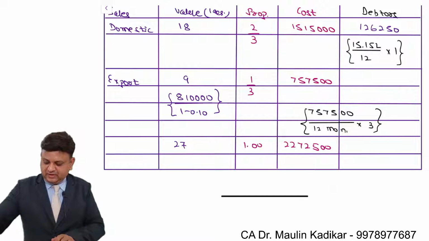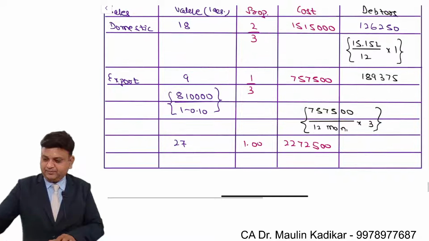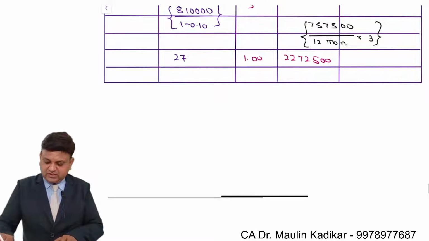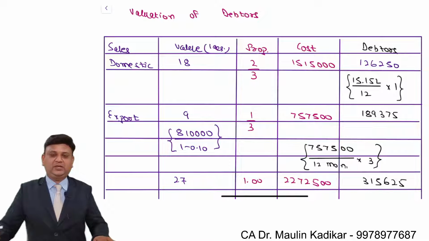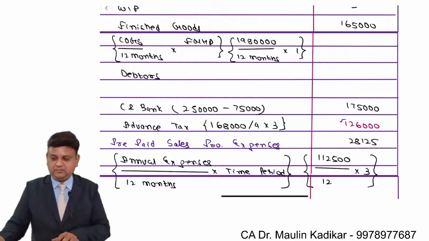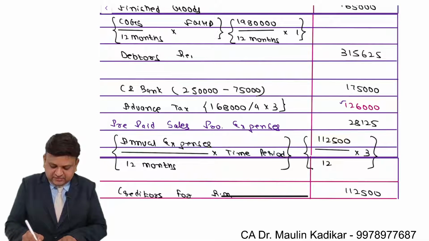So 757,500 divided by 4 comes to 1,89,375, plus 126,250. So overall debtors is 3,15,625. That is how the amount of debtors is calculated. For that we can write here: refer working note.